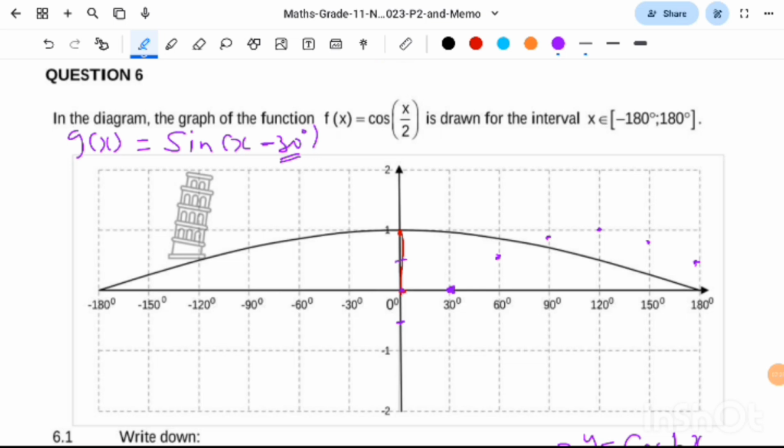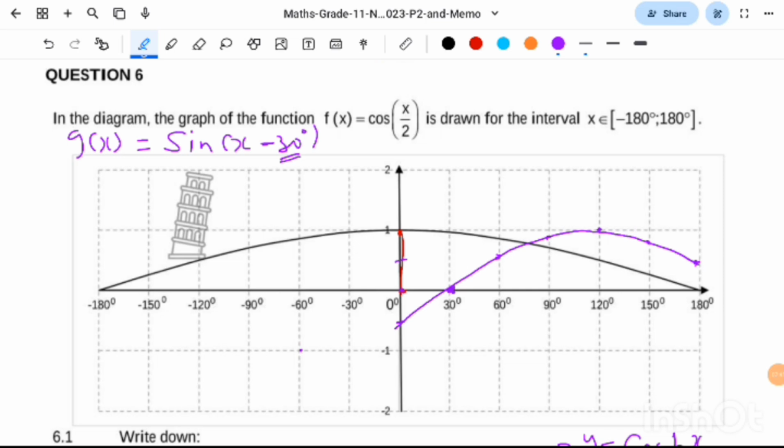So this is our half. Our graph will look like this, will look like that, and then it will go on like that.